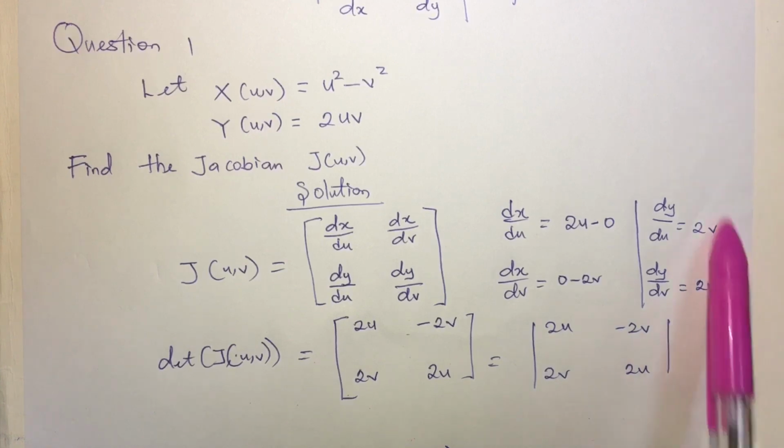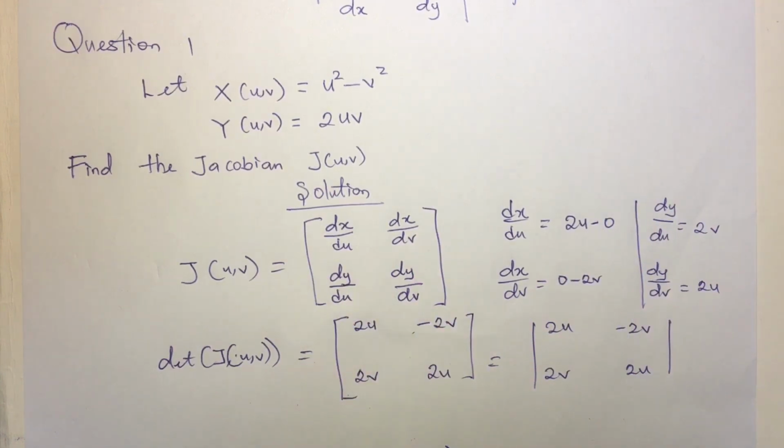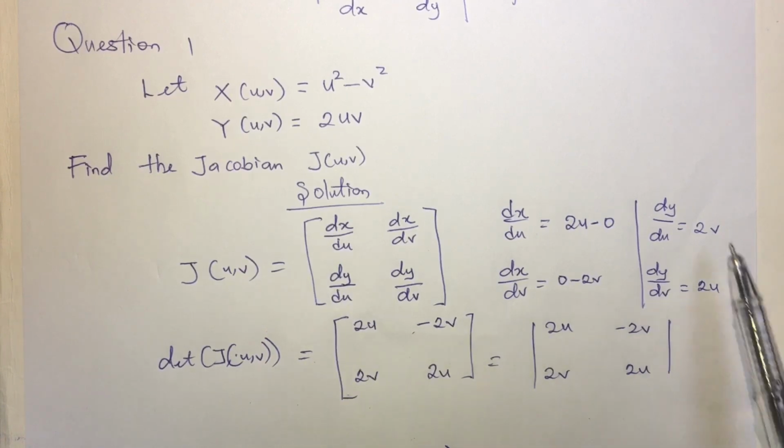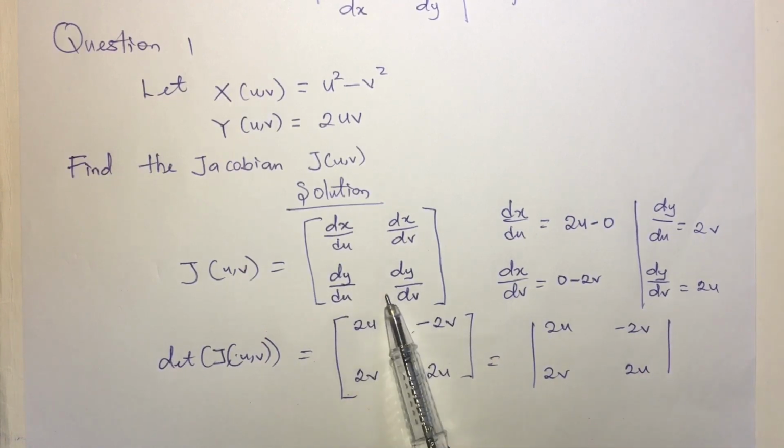Now representing all of this into this place, we have 2u, the x over the u is 2u because 2u minus 0 is 2u, and the x over the v, which is 0 minus 2v, will give you negative 2v, and the y over the u is equal to 2v, the y over the v is equal to 2u.